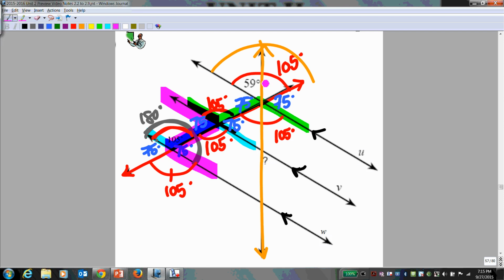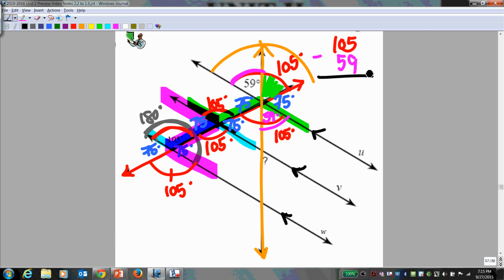We know for sure that this is 59. So that means this right here has to be 59 degrees because they're vertical angles. See this green here? The whole thing's 105, and we have 59.